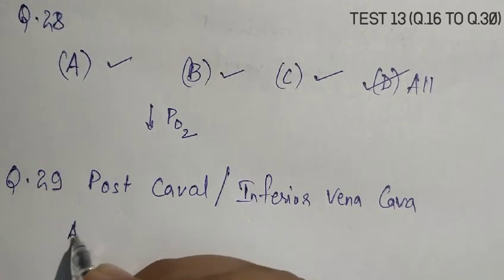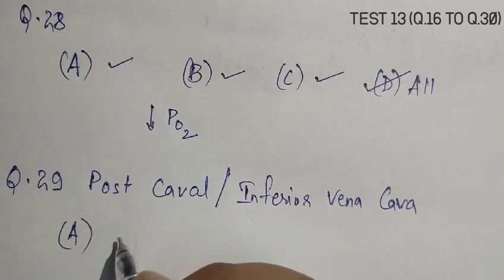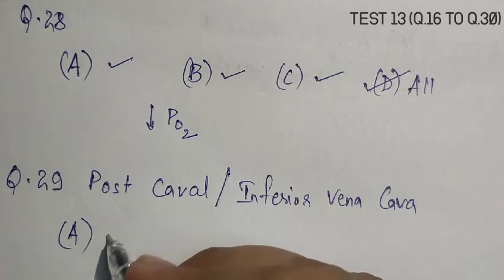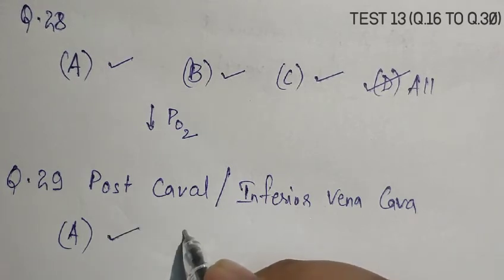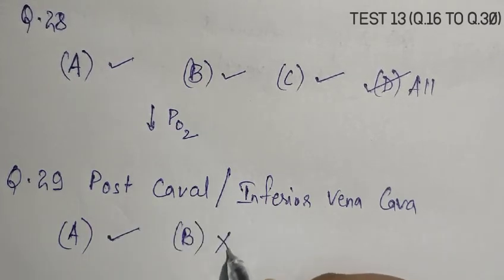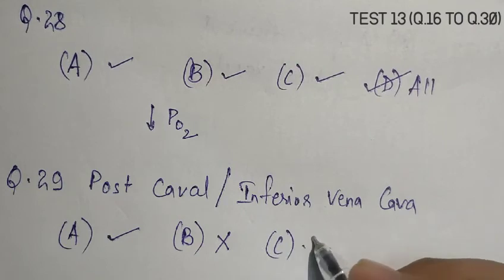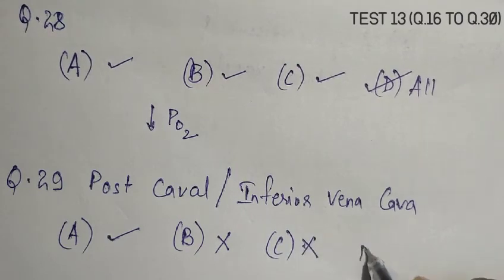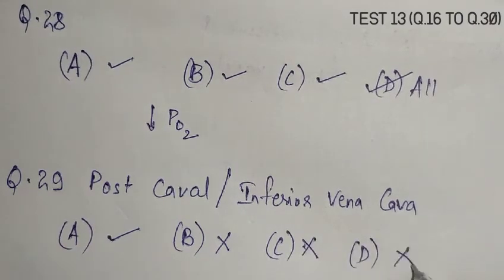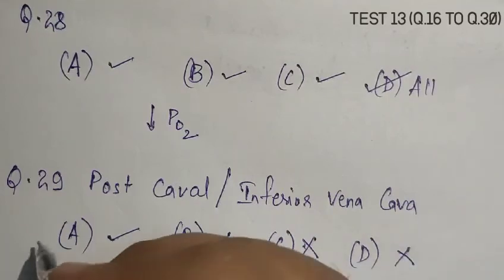Option A: renal, gonadial and hepatic. It is correct. Option B: renal and gonadial. That is false. C: gonadial and hepatic. That is also false. D: hepatic and renal. That is also false. So the correct statement is A.